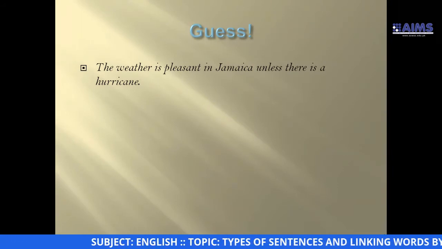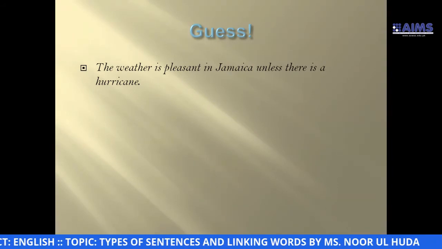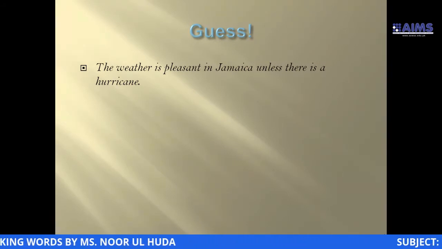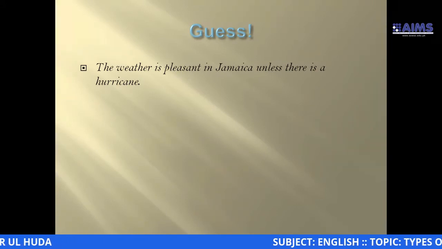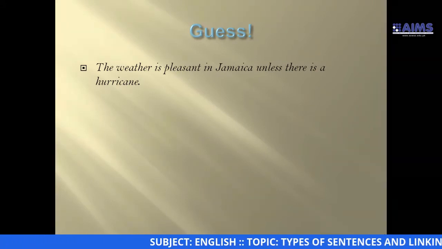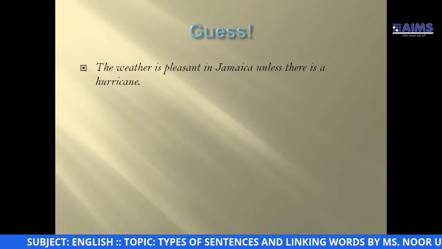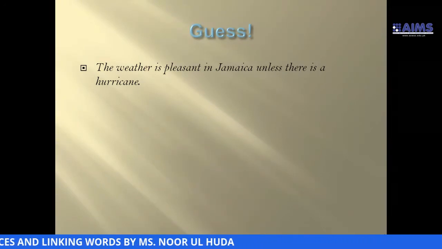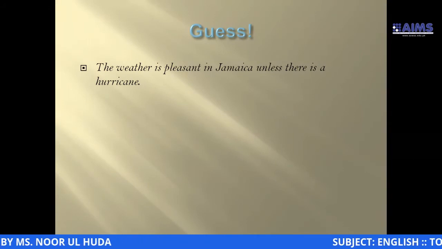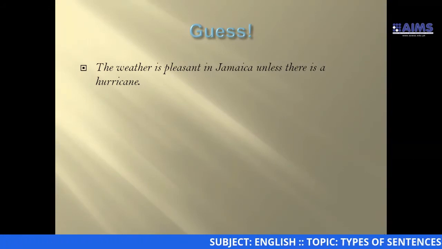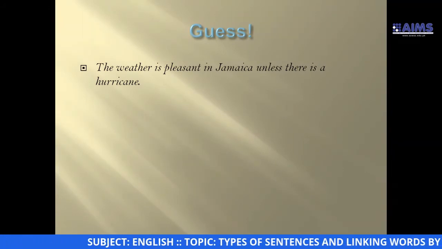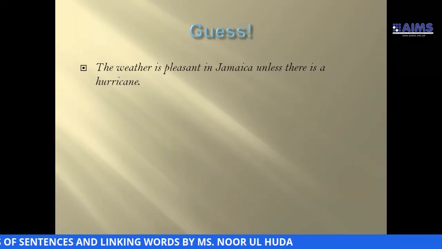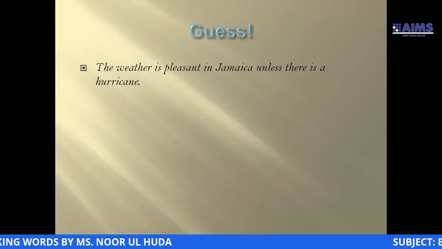The weather is pleasant in Jamaica is a sentence, and there is a hurricane is also a simple sentence. Now, you have to point out unless. Unless is not a coordinating conjunction but a subordinating conjunction. When we use a subordinating conjunction, it forms a dependent clause, and a dependent clause along with an independent clause forms a complex sentence. So it is a complex sentence.